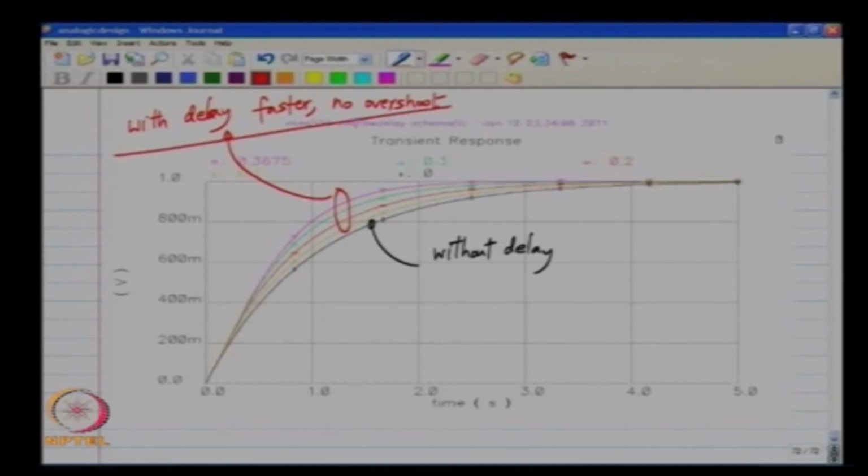In fact, it turns out that the uppermost curve, which corresponds to tau equals 1 by e, is the fastest response you can get without overshoot. So, that is a good number to remember. To summarize, a little bit of delay actually helps, but too much delay can harm, because there is a possibility of overshoot, and the best thing to have is tau equals 1 by e, because that is the fastest response you can get without overshooting in the step response. Overshoot refers to going beyond the target, which is unity here, and then coming back down and settling down slowly. Okay.